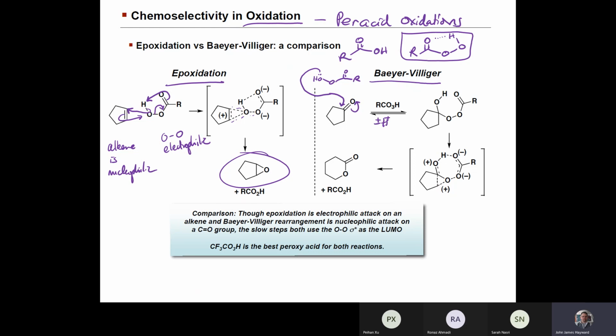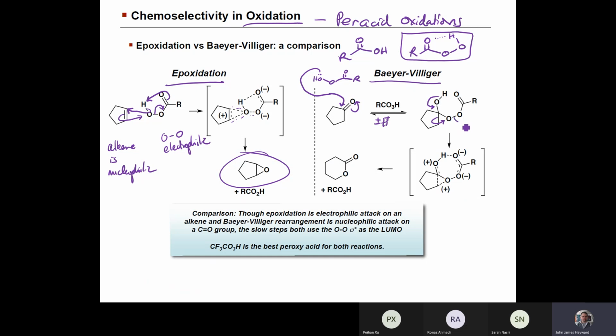We then get our oxidation step, okay? Here, the oxygen kicks down, or you can say that the OH bond does it, and the carbon-carbon bond here moves onto the oxygen.